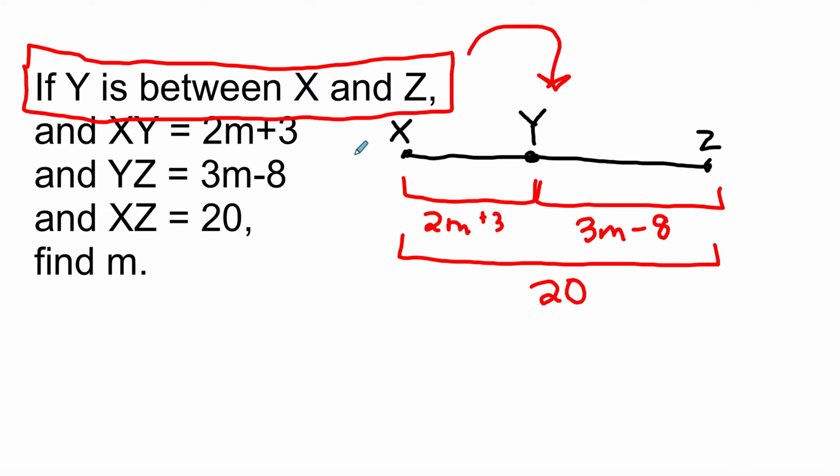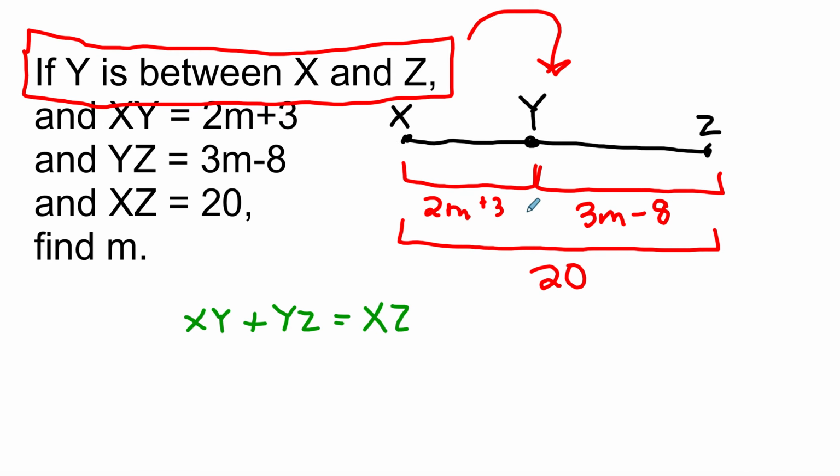Well, how can we find m? We're going to use the segment addition postulate to set up an equation that we know is true and then solve. What do we know is true? By the segment addition postulate, we know that XY plus YZ is XZ. The distance between x and y, plus the distance between y and z, equals the entire distance between x and z.